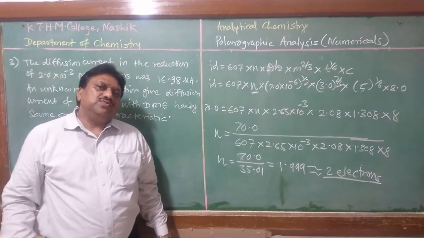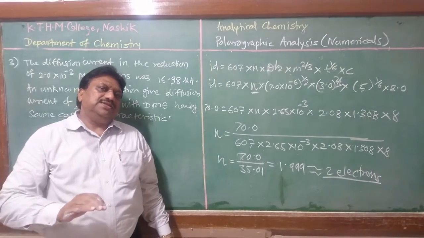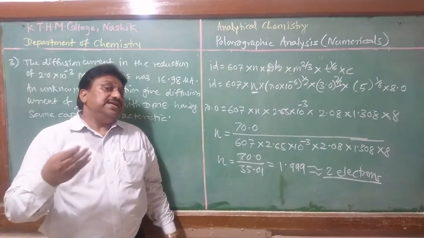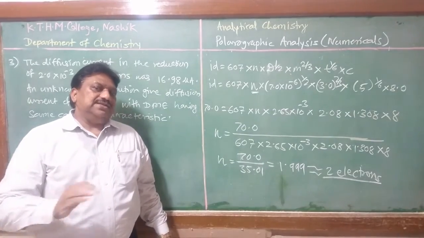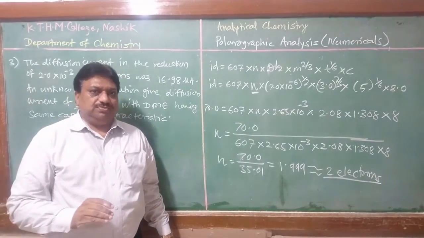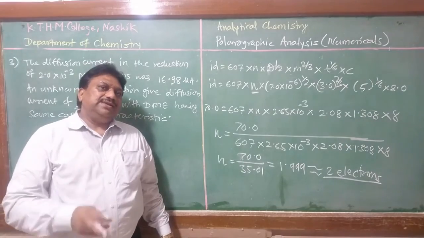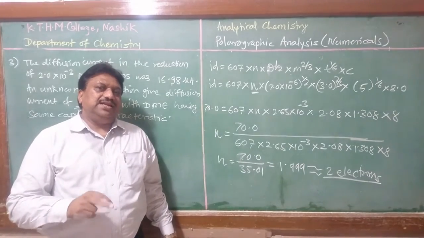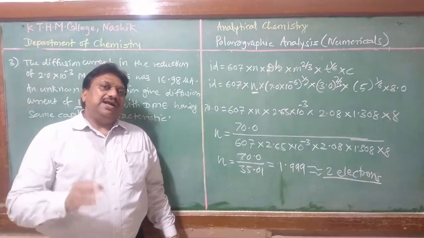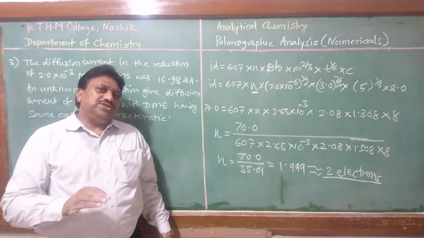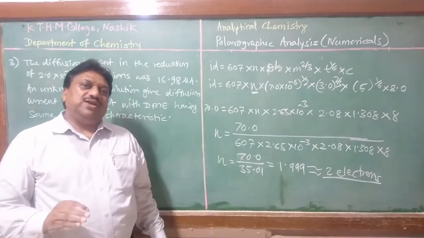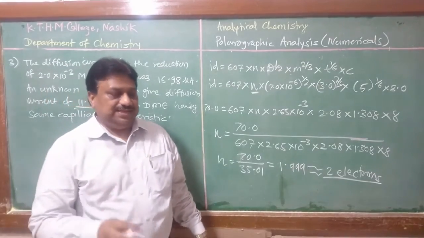That means we can first standardize the instrument by using a standard solution, and then analyze a sample solution on that same instrument. Or we can determine the diffusion current for standard and for sample under the same experimental conditions, and match those diffusion currents and concentrations for determination of the concentration of analyte.